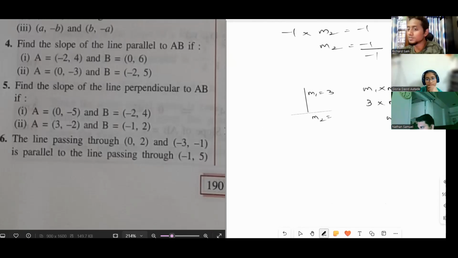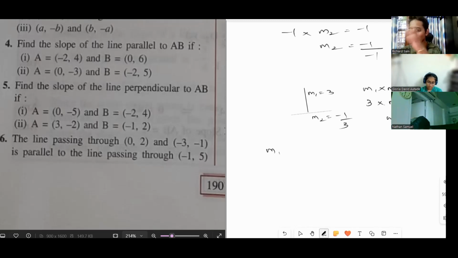So m2 is minus 1 upon 3. This is an easy thing. Remember, if m1 is 3, m2 is the reciprocal and change its sign. That's all. You have to show it, okay? But still in your mind you can do it. Reciprocal and change its sign. So minus 1 upon 3.